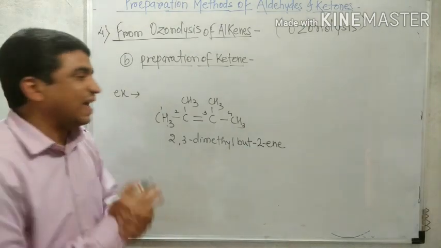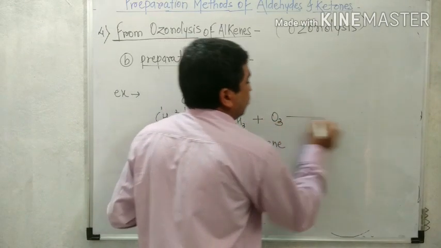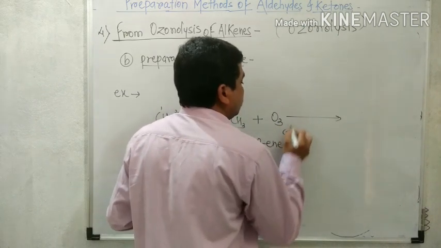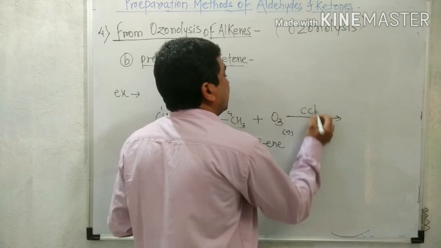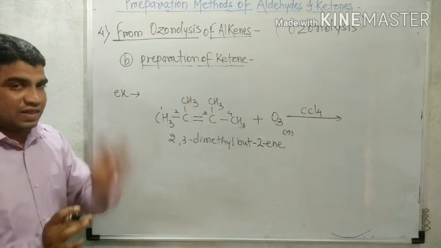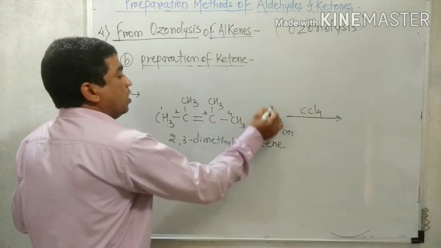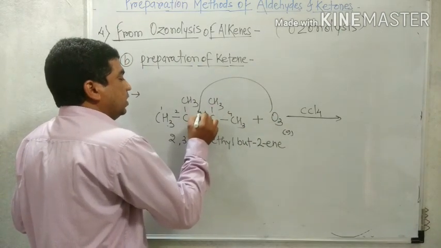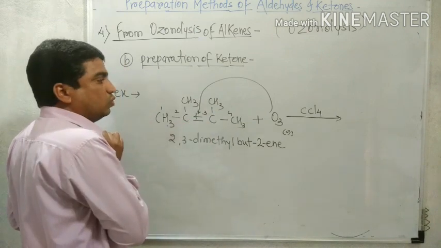If you take 2,3-dimethylbutene in the process and react it with ozone, the O3 gas, in the presence of the solvent carbon tetrachloride, what happens? As in the general reaction we have discussed already, one oxygen atom out of these 3 gets added in between these 2 double bonded carbons, and one bond undergoes breaking.